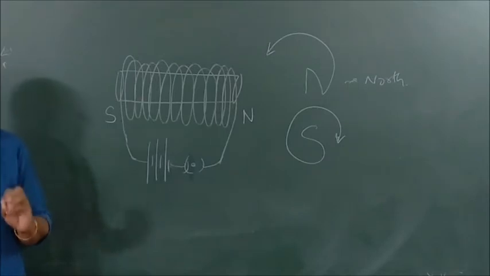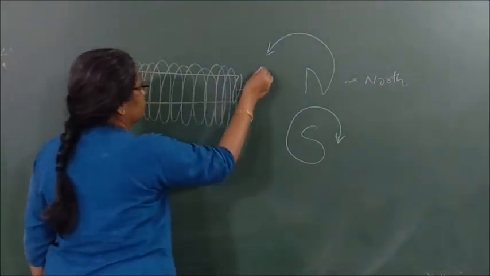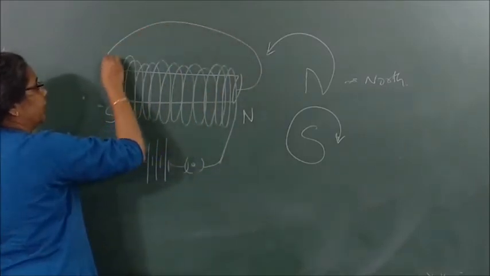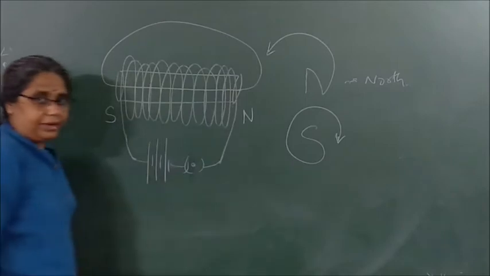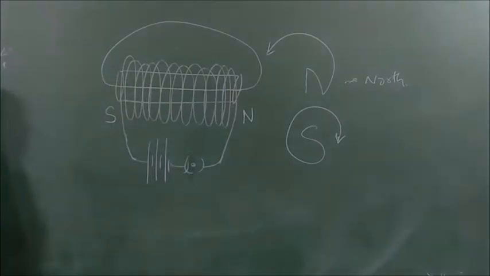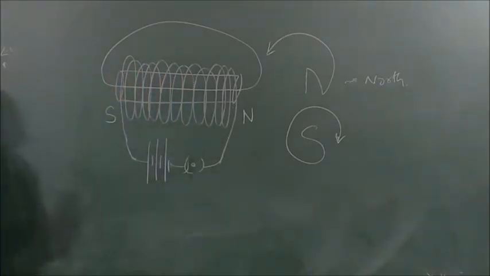So it will give magnetic field lines the same, north to south outside the magnet and south to north inside the magnet. Clear? But the beauty of the solenoid is that the magnetic field lines do not crowd near the poles.